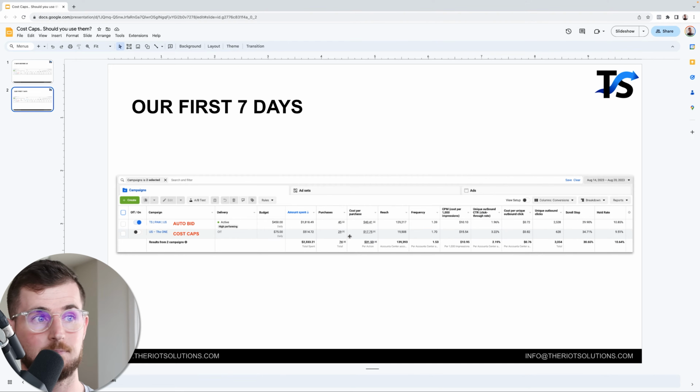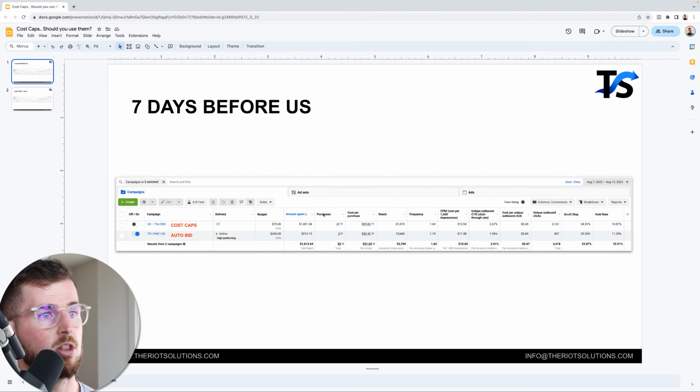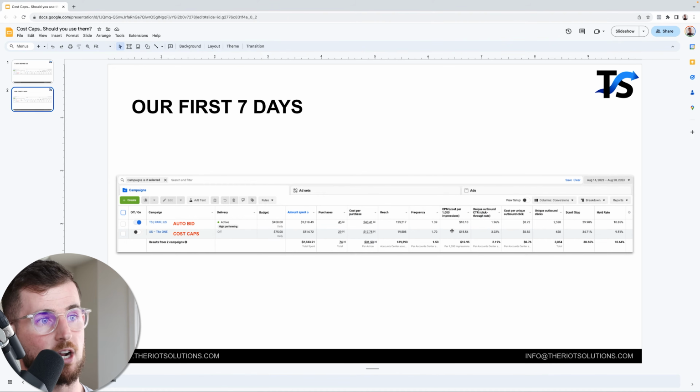That's a lot less. But let's look at the frequencies now. Let's start to expand what we're looking at. Frequency on the cost caps campaign is 1.7, our broad campaign 1.39 with auto bids. Looking at the campaign prior, $1,400 spend with a 1.64 frequency. Auto bid, $1,800 spend with 1.39 frequency.